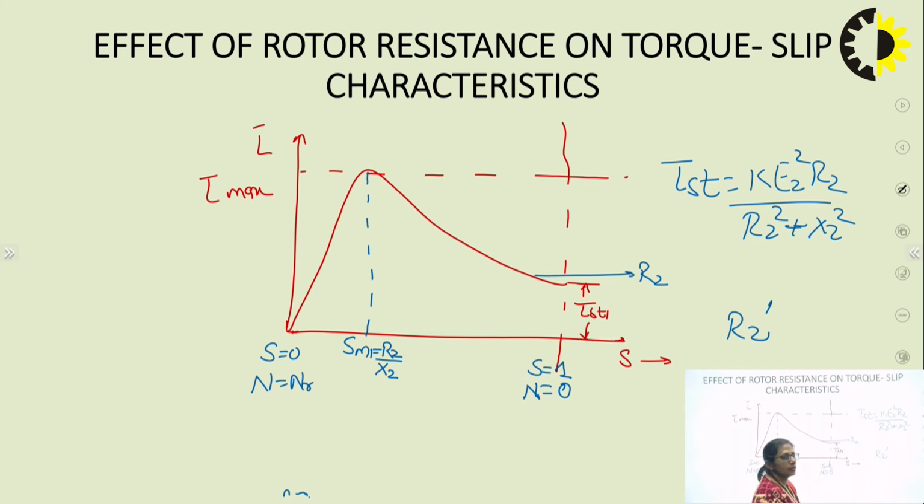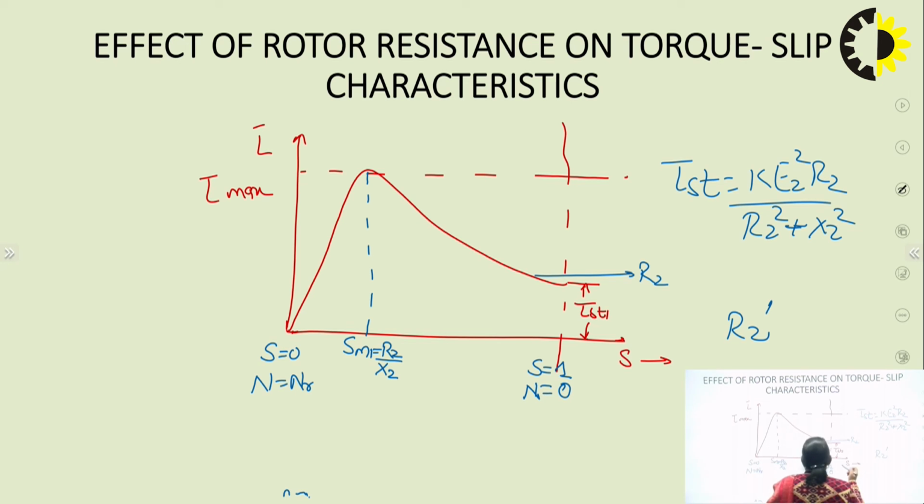Here the starting torque is directly proportional to R2. So as we increase the rotor resistance from R2 to R2 dash, the starting torque is also going to increase. But the maximum torque is going to remain the same. Its expression is K times E2 square upon twice of X2 square, so its value is going to remain the same.